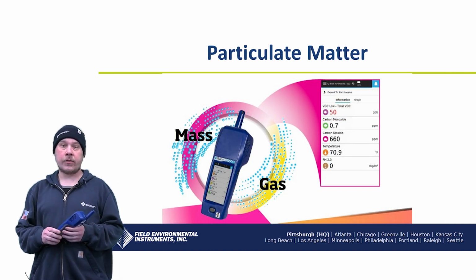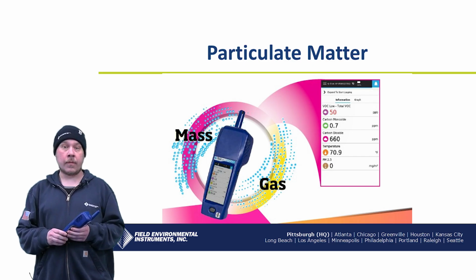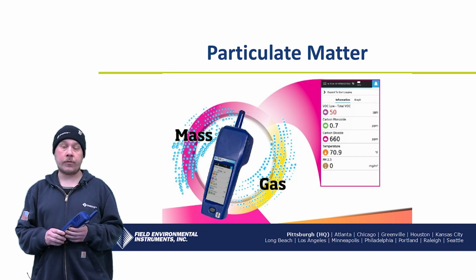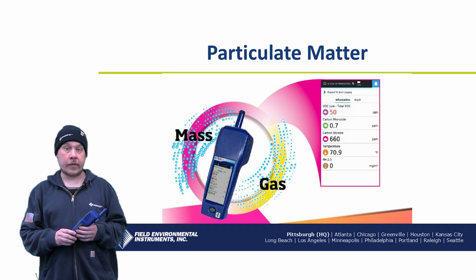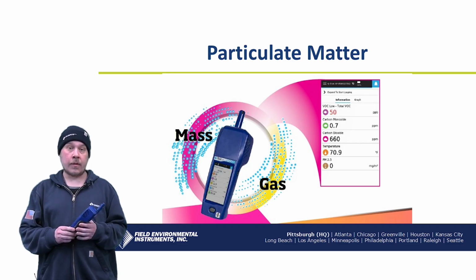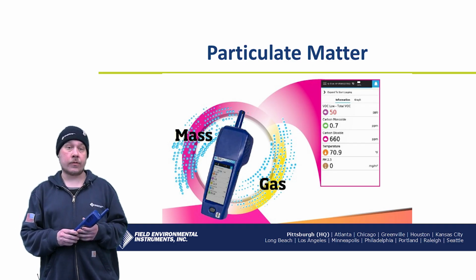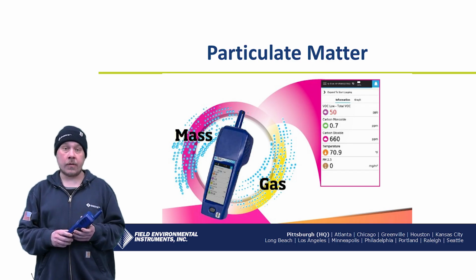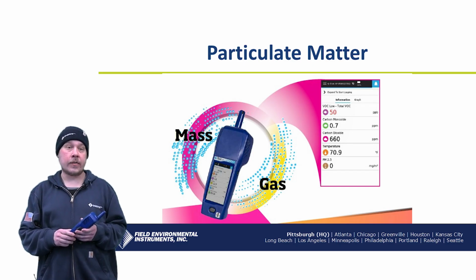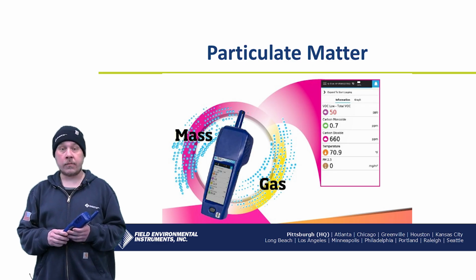Particulate matter is a mixture of solids and aerosols. PM can contain organic chemicals, metals, and dust particulates, just to name a few. Particulate matter can come from many sources, including vehicle exhaust, wildfires, and indoor activities like cooking and burning candles.